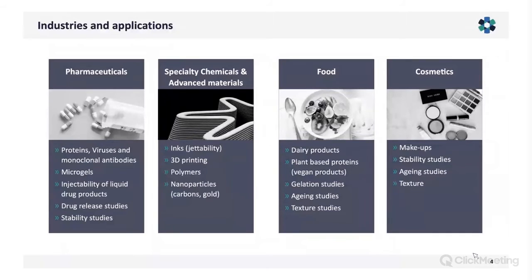There are microgels, there are other drug products or nanoparticles that are used for diagnostics. You have chemical materials that are used as polymers or nanoparticles, inks, and then you have all the way from consumer products, food, dairy products, milk proteins, texture of food, and cosmetics.